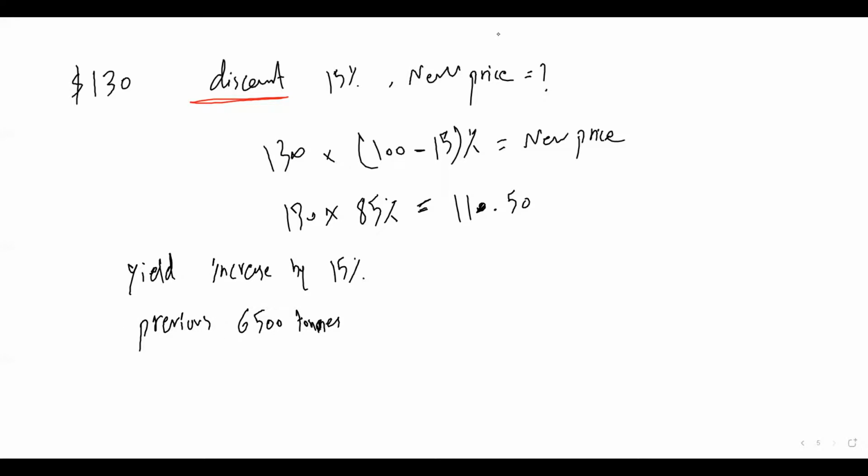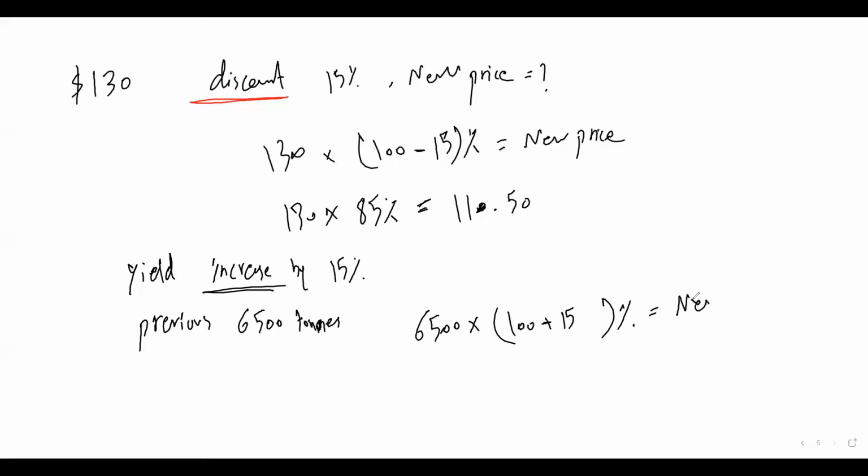So if you want to use the formula that I told you guys, all you have to do is, since this is the old, 6,500 times, we have increase, so it's 100 plus 15, the percentage.